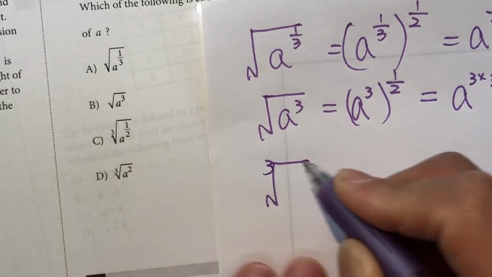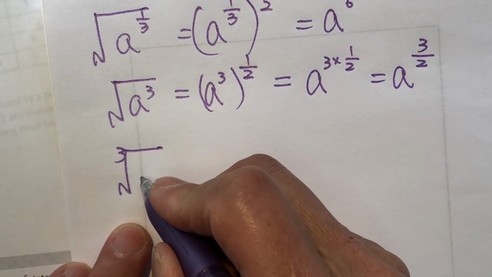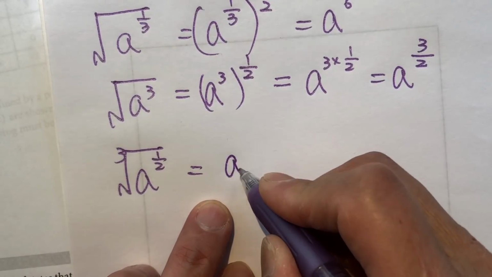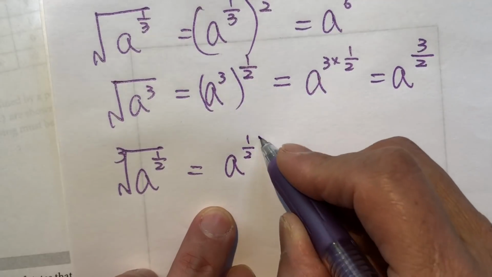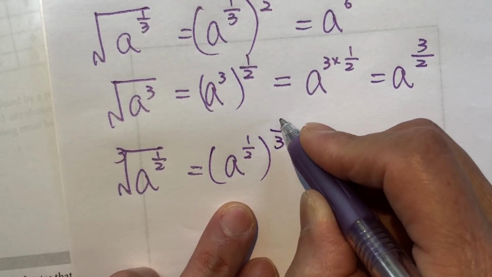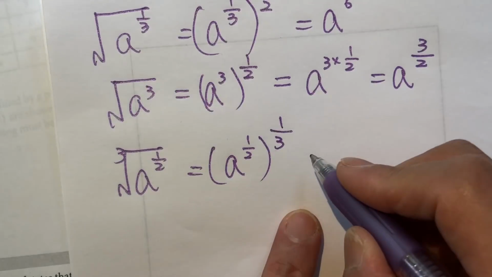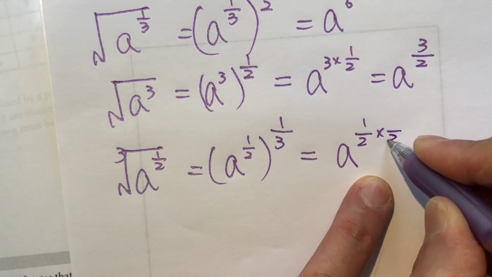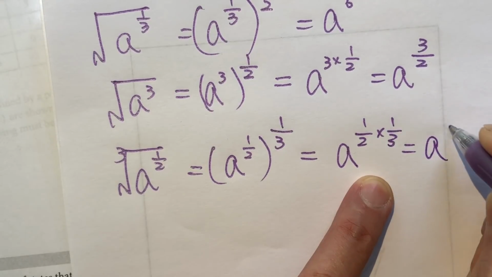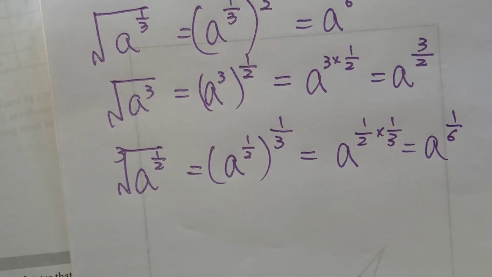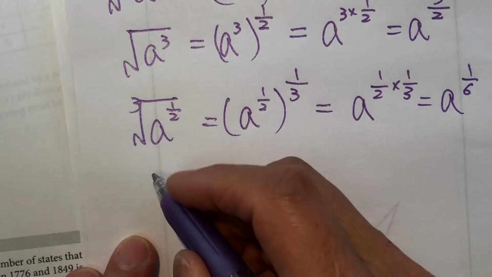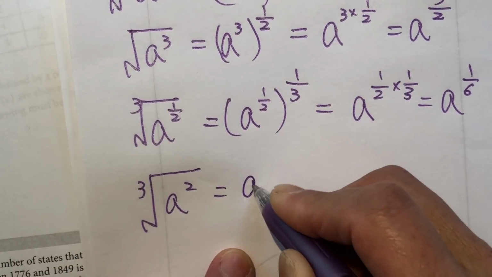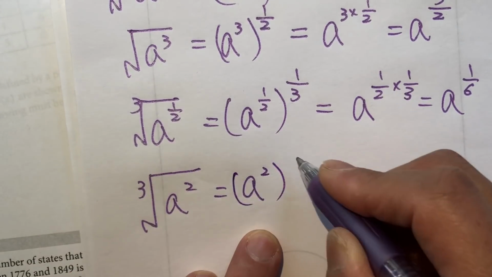This one, A. First we copy what is inside, and then we copy the operation outside. So A to the power of, right. The last one equals A to the power of 2.